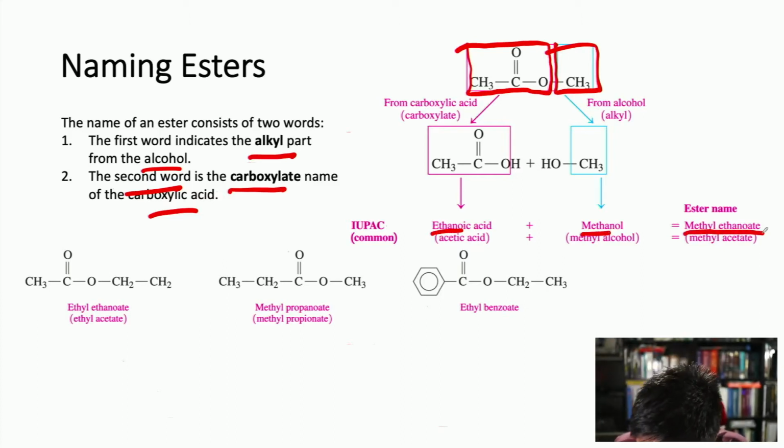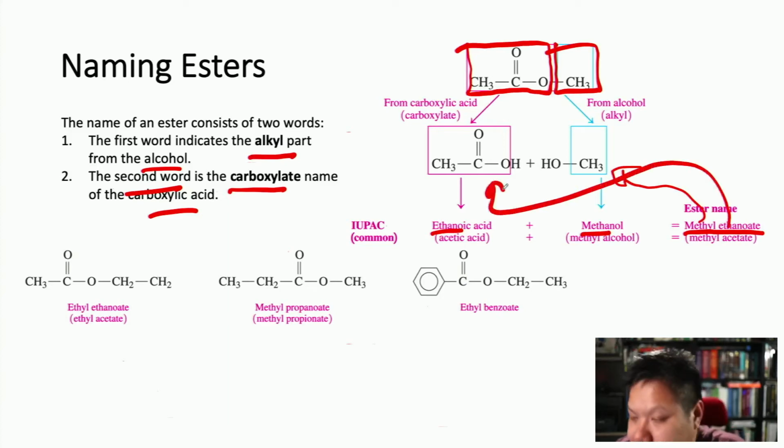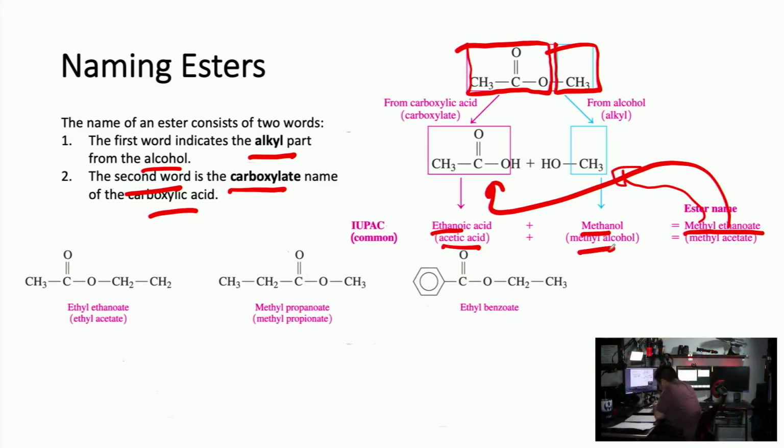Right? The methyl part right here comes from that methyl group. And then the ethanoate comes from the ethanoic acid. Or we could do the common name, which is acetic acid combined with methyl alcohol, and we get methyl acetate. Right?